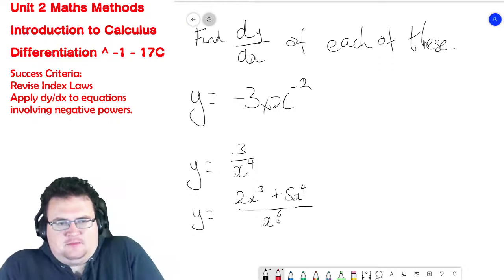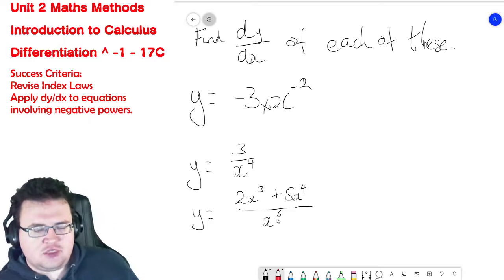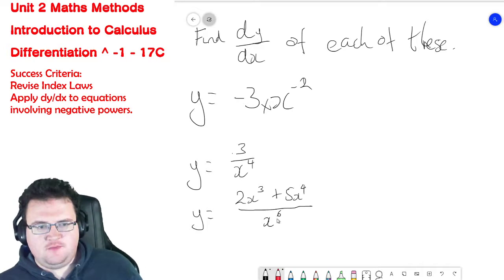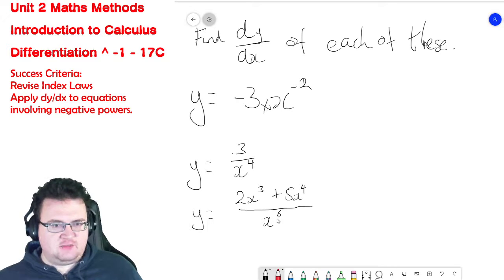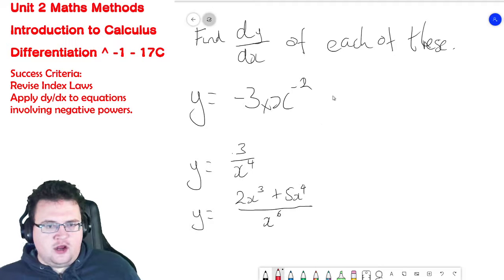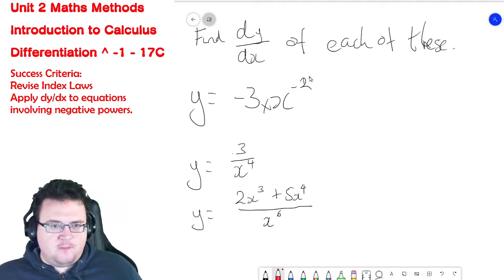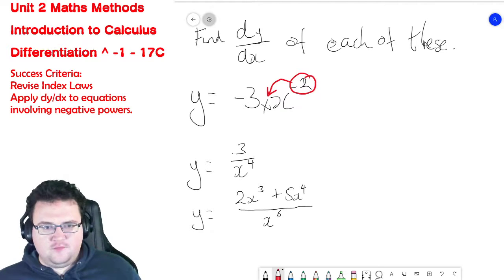So the first one is already written in index form, so it should make our lives much easier. All we need to do is follow our dy dx pattern. We're going to take the -2, slam it down the front, and then subtract 1 from the power.